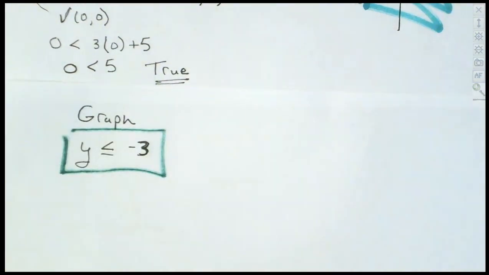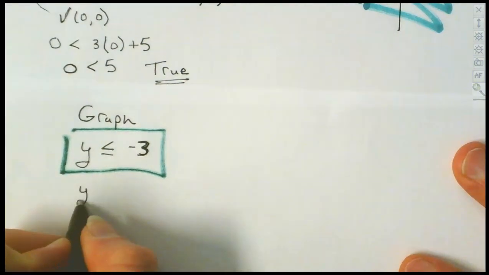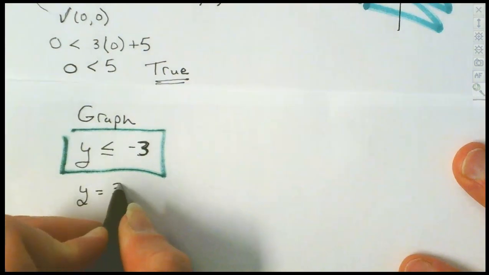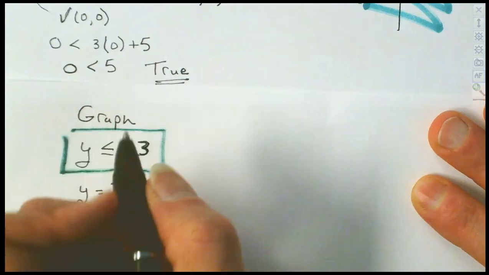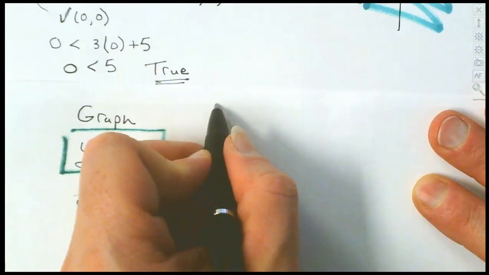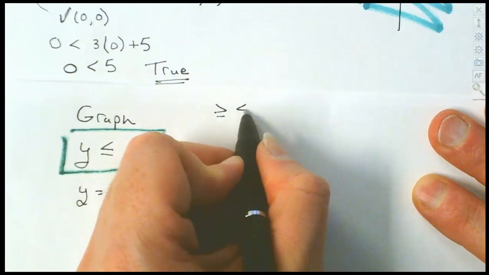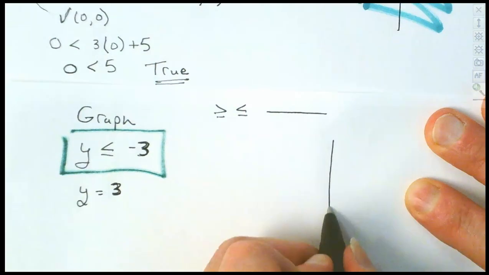That way we don't forget what we're working with. So this is our original before we changed it. I'm going to replace that with an equals, and that's going to be the same thing as y equals 3. Now, this one's going to have a solid line. Why? Because greater than or equal to, less than or equal to, those get a solid line.